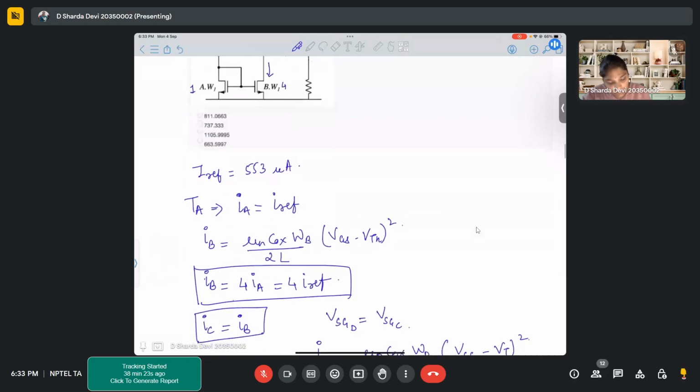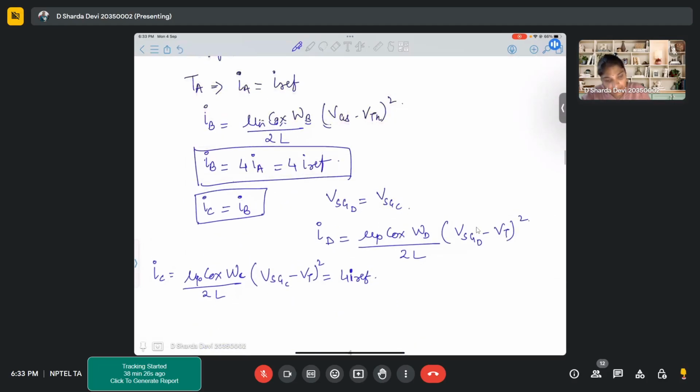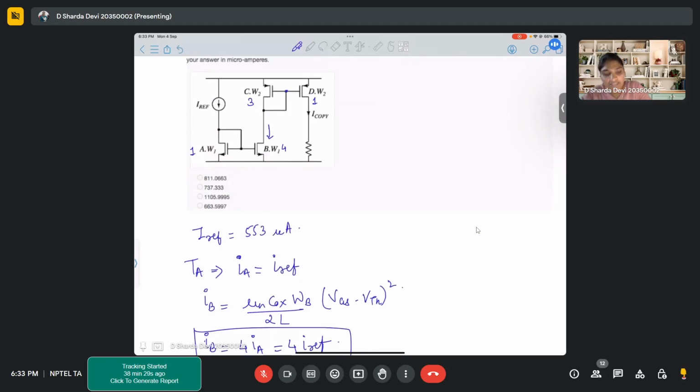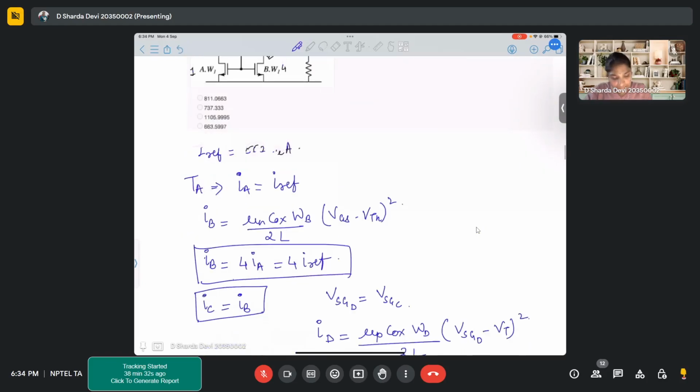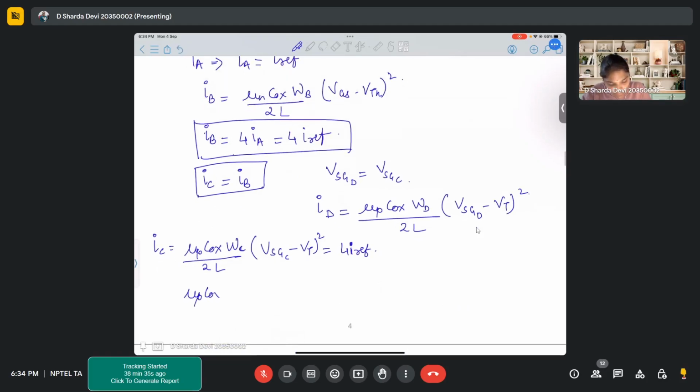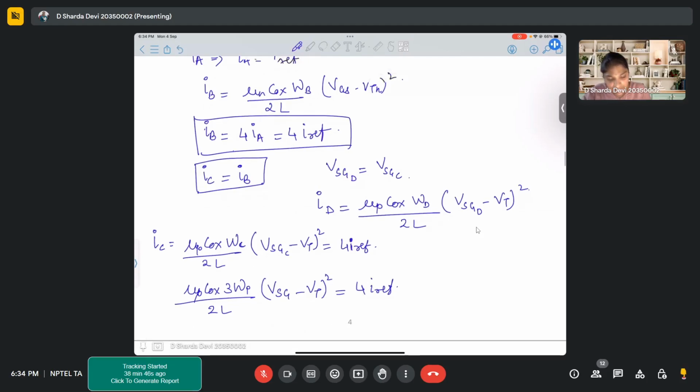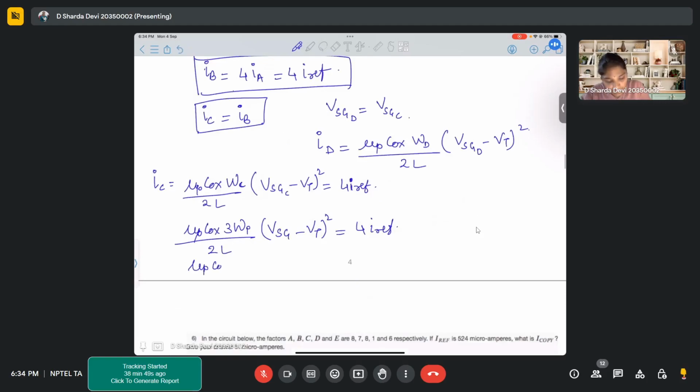So WC, let's denote it as W2, or WP. So mu P Cox times 3 WP by 2L (VSG minus VT) whole square is 4 times IREF. So mu P Cox WP by 2L (VSG minus VT) whole square will be 4 by 3 times IREF, right?